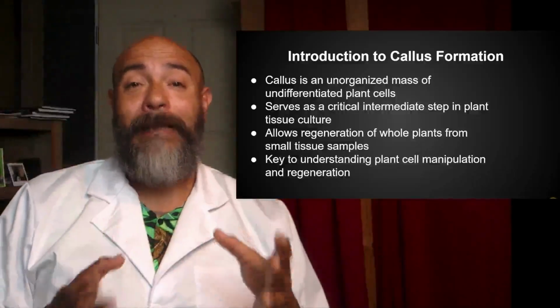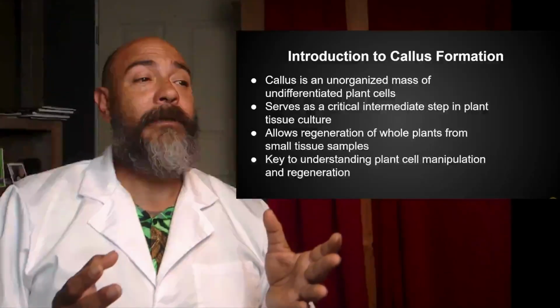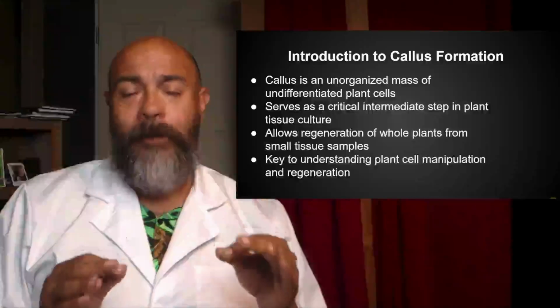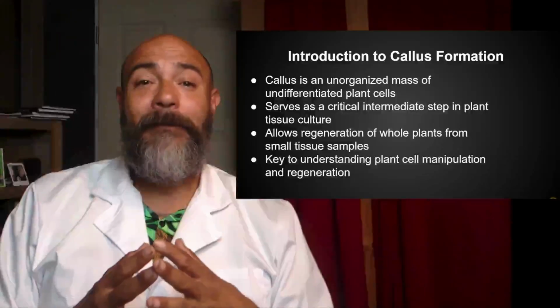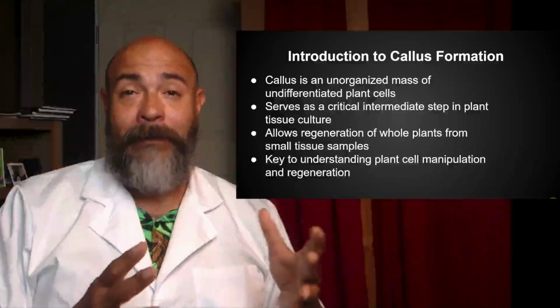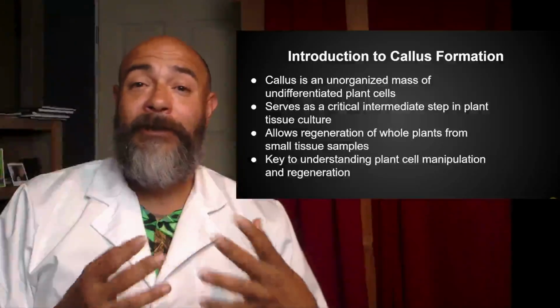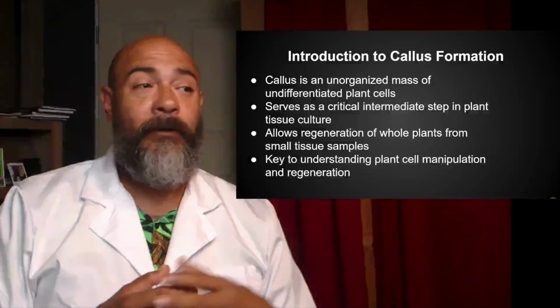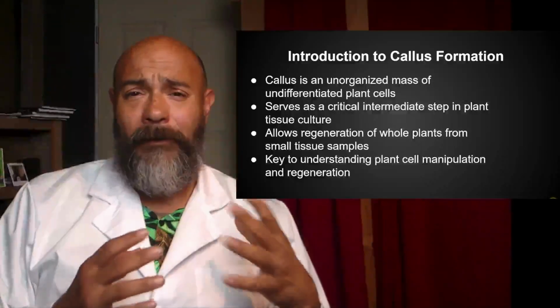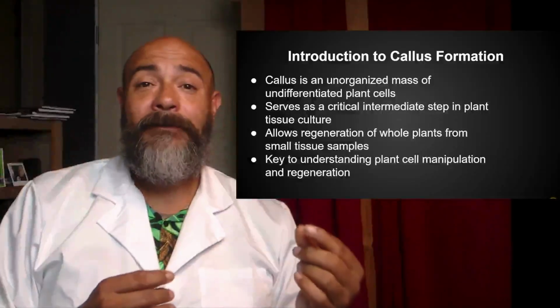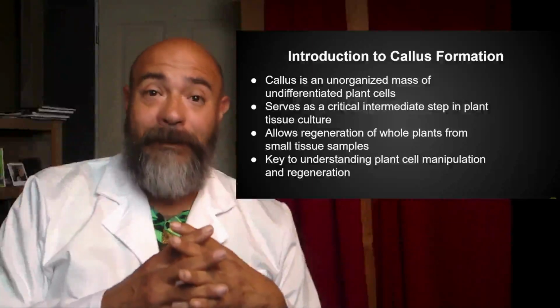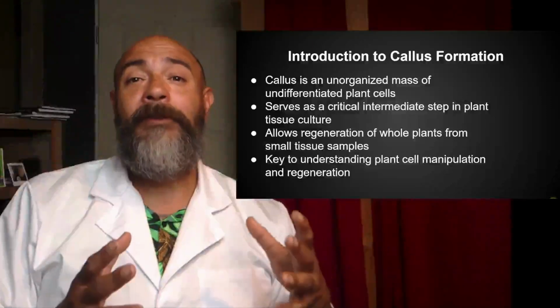Being able to create callus tissue is a critical part of the tissue culture process. This is the step that will allow you to mass micropropagate any of the genetics that you have already in culture. This is the process that will allow you to take one tiny piece of tissue and create mass amounts of the tissue.